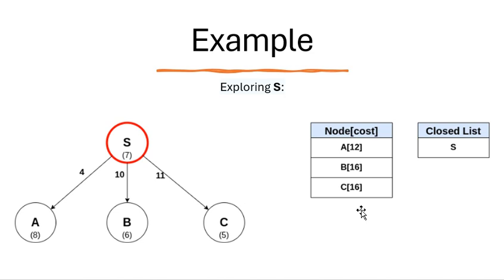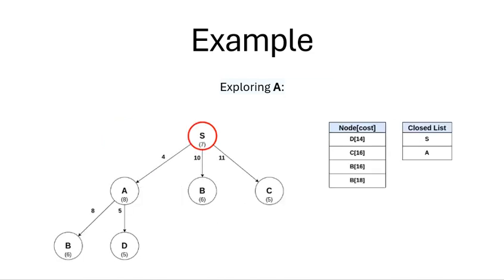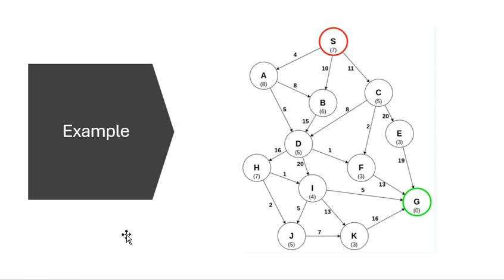So in this case, A is the most promising path as it is the minimum cost path. So we will next explore A according to our priority queue. A will be part of the closed list, and going from S to A, from A we can either go to B or D, as can be seen from the original graph.